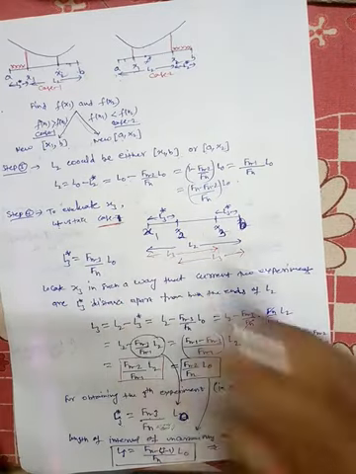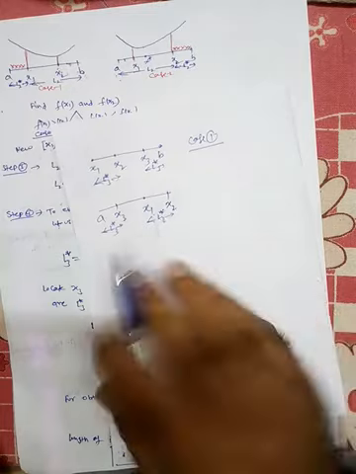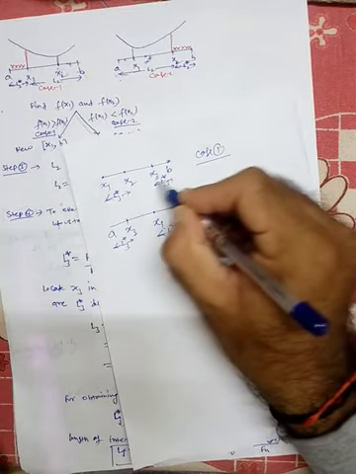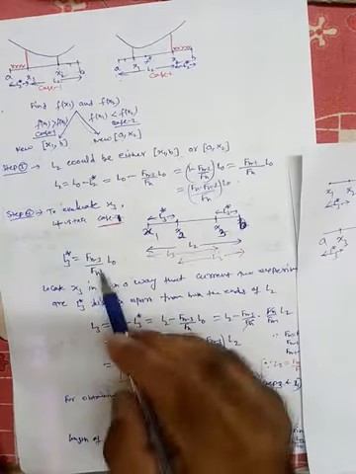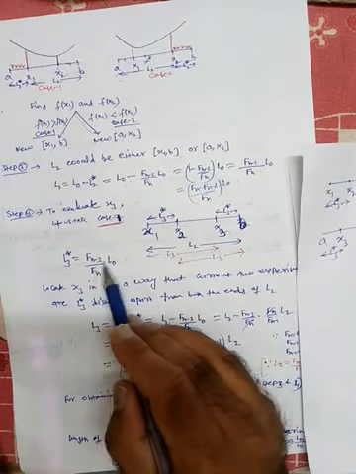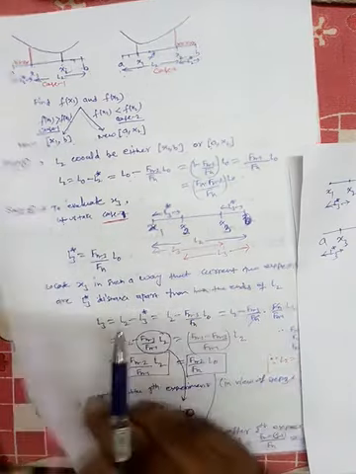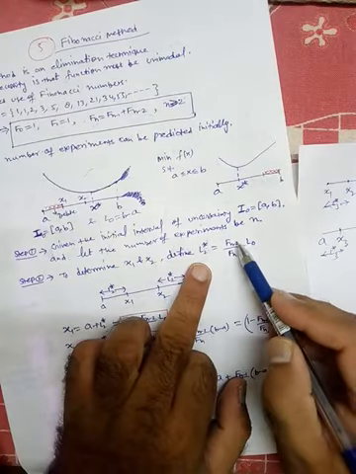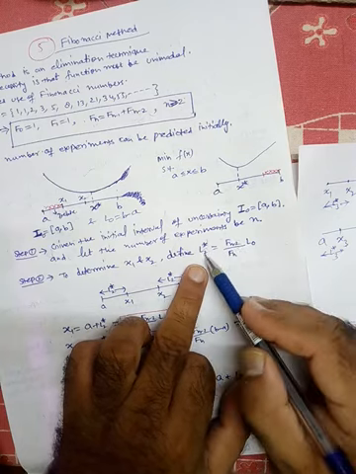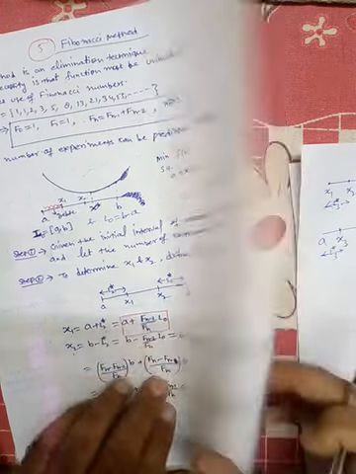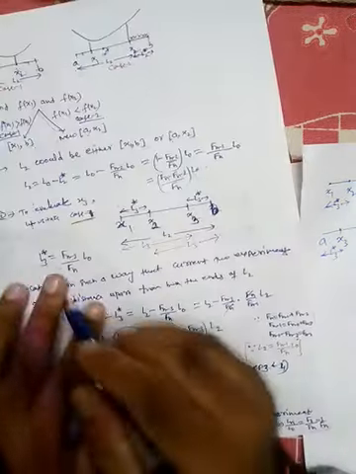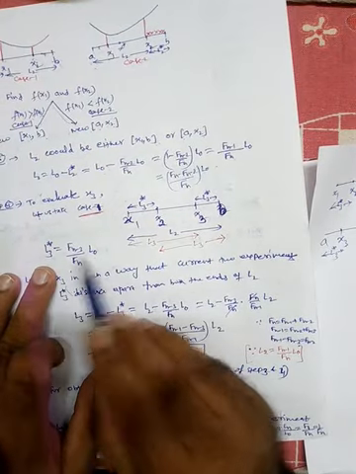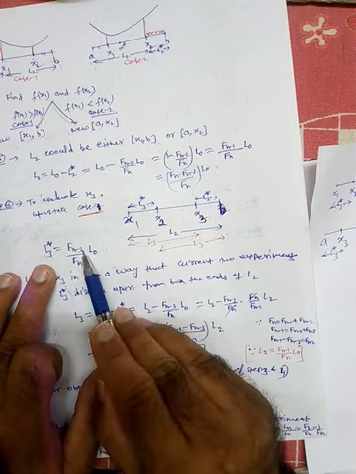So for point x3, what is L3 star? This distance will be calculated with the help of f of n minus 3 by fn L naught. If you remember previously L2 star, here was 2, so if here is 3 then here will be 3. अगर यहाँ 3 है तो यहाँ भी 3 होगा, वहाँ 2 था तो यहाँ पे भी 2 था.